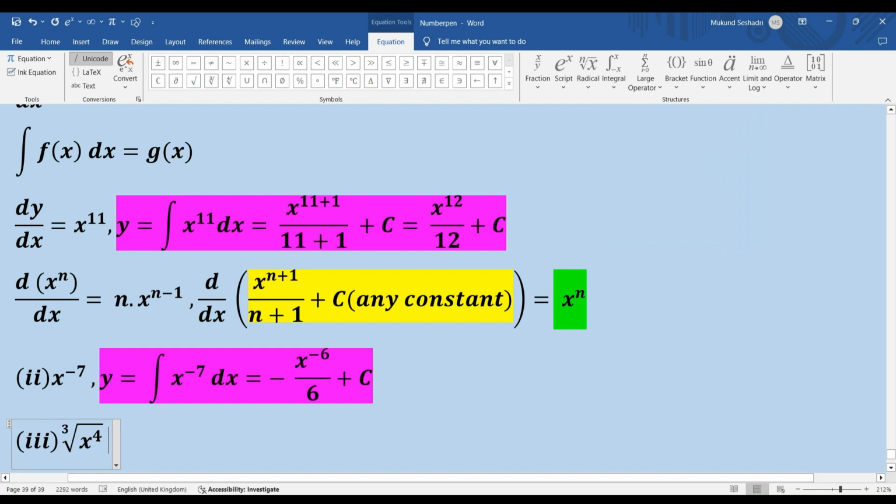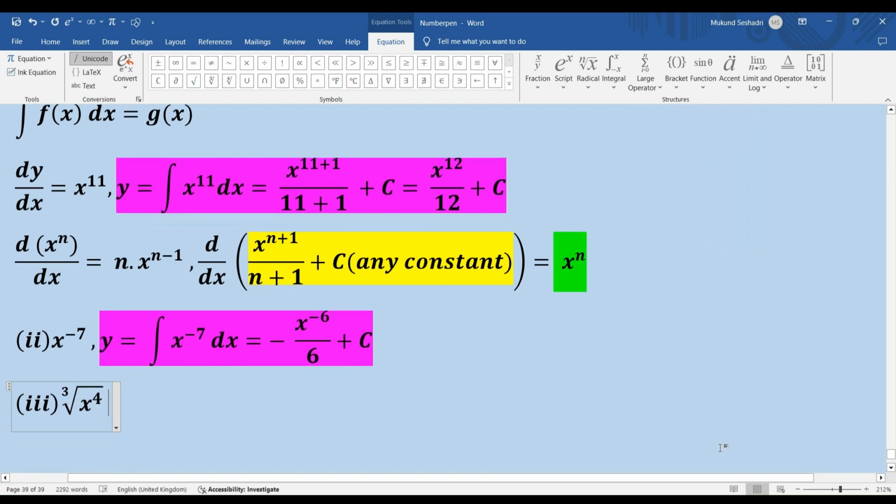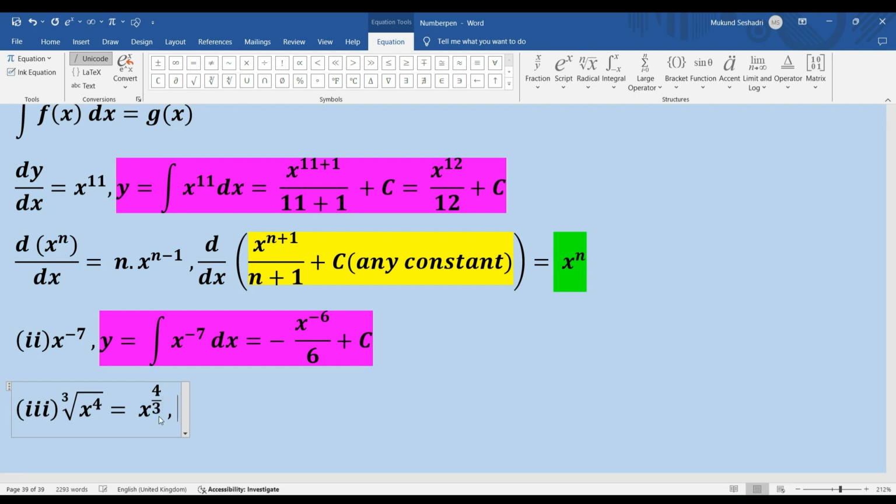Now, what do I mean by cube root of x to the power 4? My function is nothing but x to the power 4 by 3, right? Here I have a function which is very similar, and I know that I can apply the formula that I learned just now.